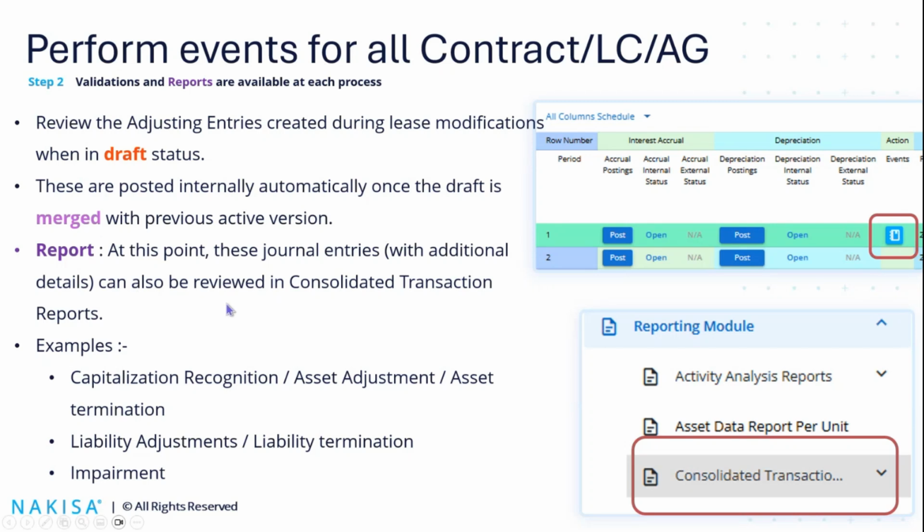Once you have merged your draft status to active, you can review the journal entry, since it's posted in the consolidated transaction report as well. Examples of these entries are capitalization of the asset adjustment, termination, liability adjustment, and liability termination impairment, just a few to name.